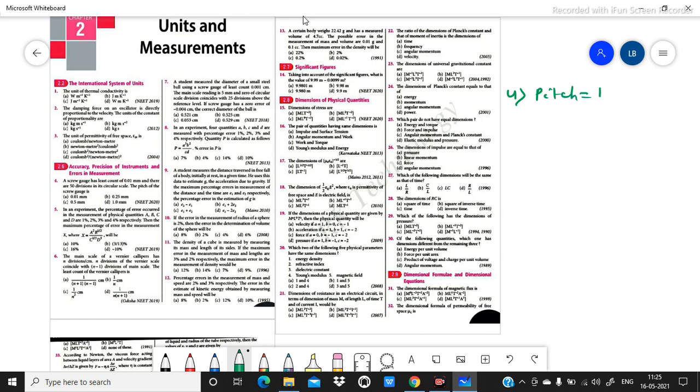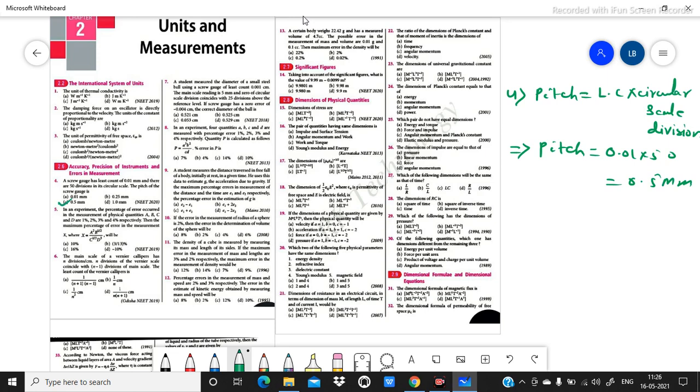You have to remember this formula. If I apply it, the least count is given as 0.01 and the number of circular divisions is 50. So 0.01 into 50, the answer comes as 0.5 mm. Number 4, correct answer is C.